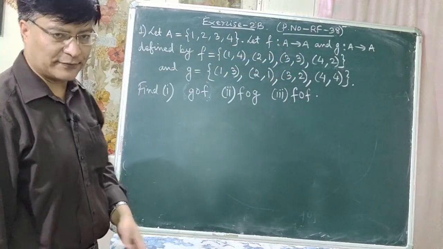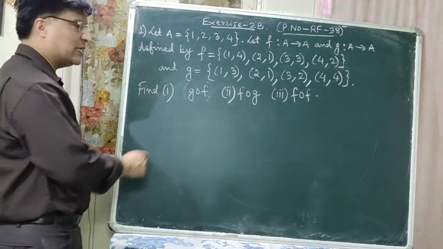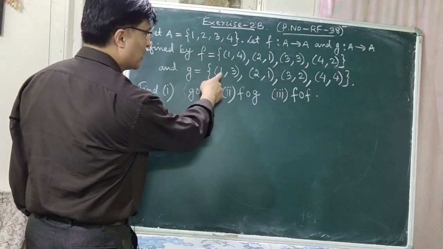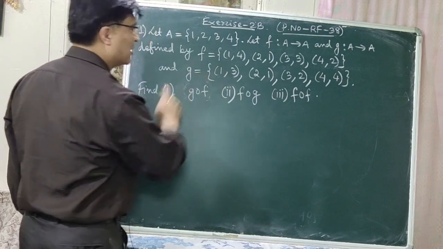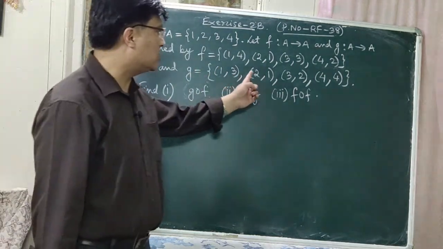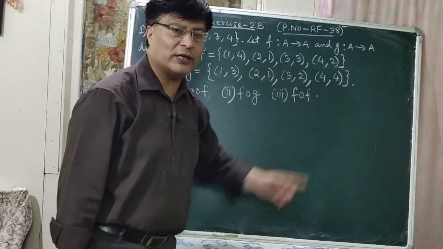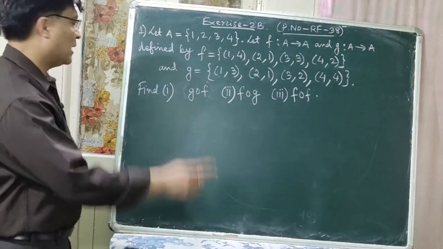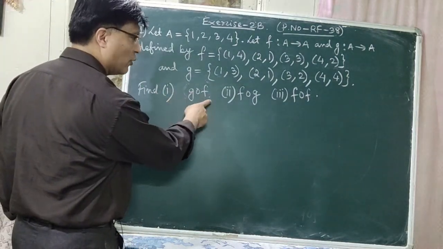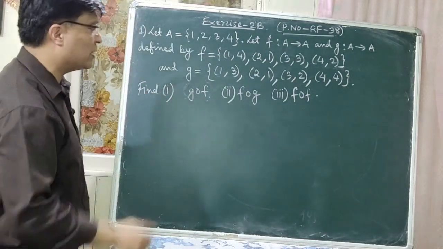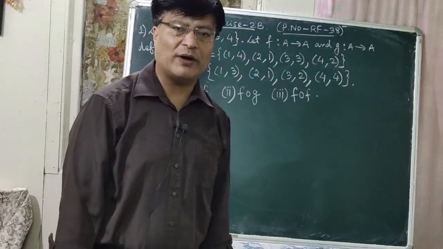And the function g is defined as g = {(1, 3), (2, 1), (3, 2), (4, 4)}. Now we have to find out number 1 gof, number 2 fog, and number 3 fof.